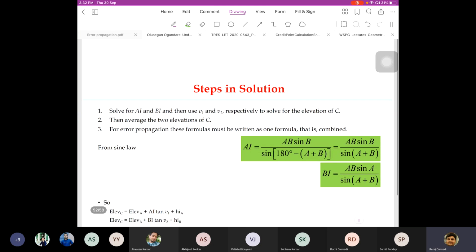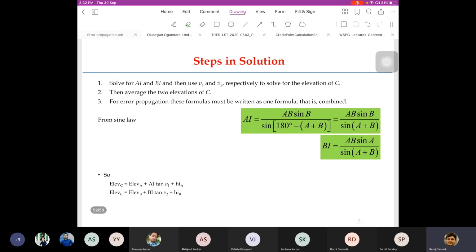See, we have discussed this yesterday, isn't it? That an imaginary point AI would be taken. Again, if there is any problem in this one, I'm explaining again. You have got two points A and B, okay?